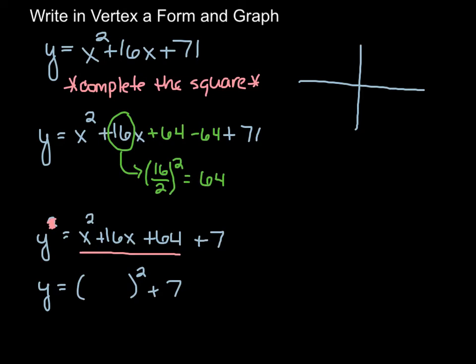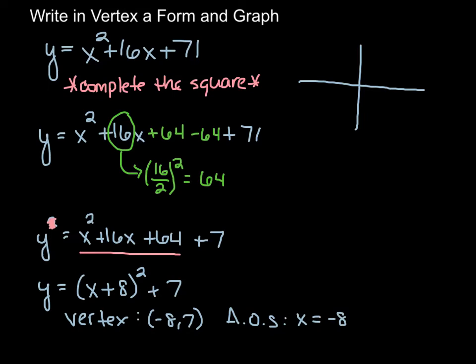Well, the number that goes here is going to be the same number as here. So 16 divided by 2, which is 8. So now we have a vertex of (negative 8, 7) and an axis of symmetry as x equals negative 8.